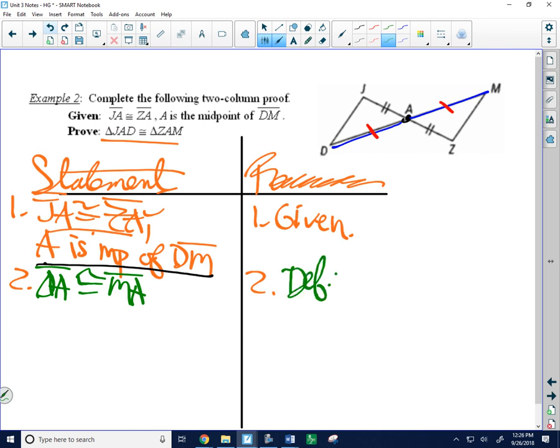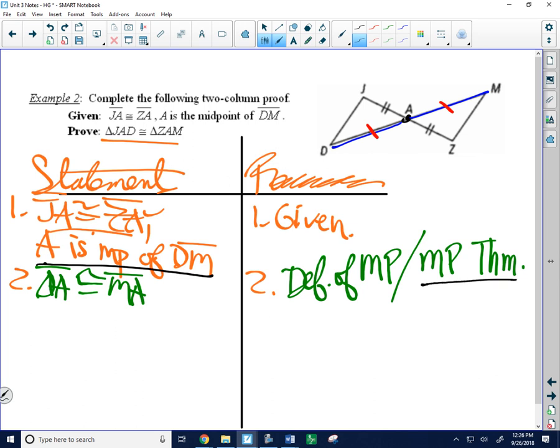I want to mention two things here. Right now, I'm fine if you want to say it was a vocab word, definition of midpoint, or if you want to write midpoint theorem. This is actually technically the correct one, because this one says the segments are congruent, and this one says they're equal.